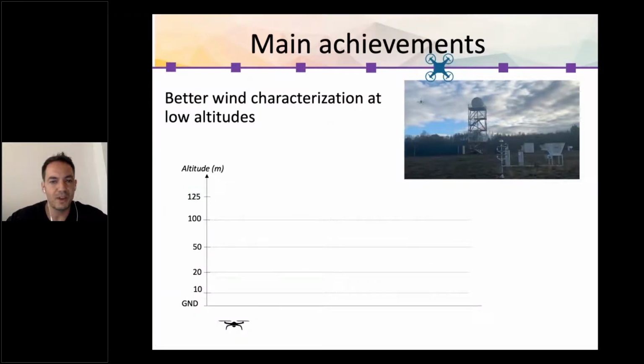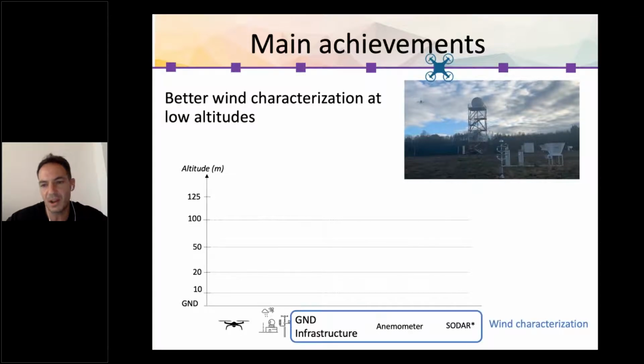So what we found is that we have better wind characterization at low altitude than traditional ground infrastructure, because with ground infrastructure you have the anemometer, where the measurements are quite good from ground to 10 meters. Then you have sonar in order to measure wind, but the measurement is good from, let's say, 50 meters to 125 meters.